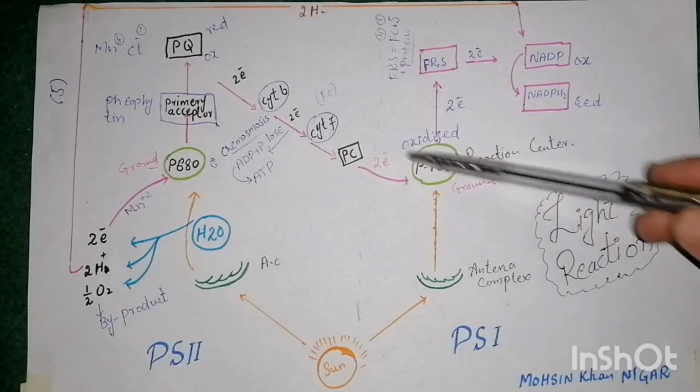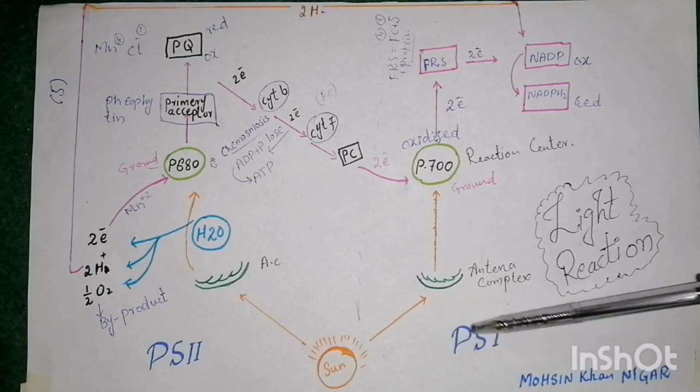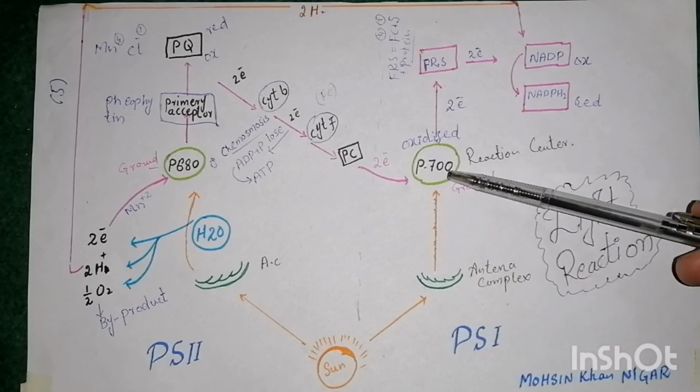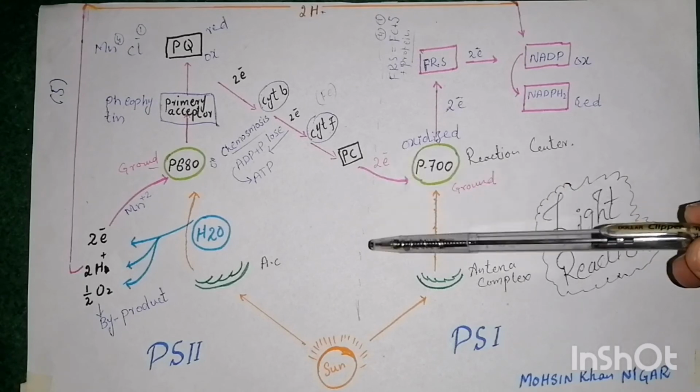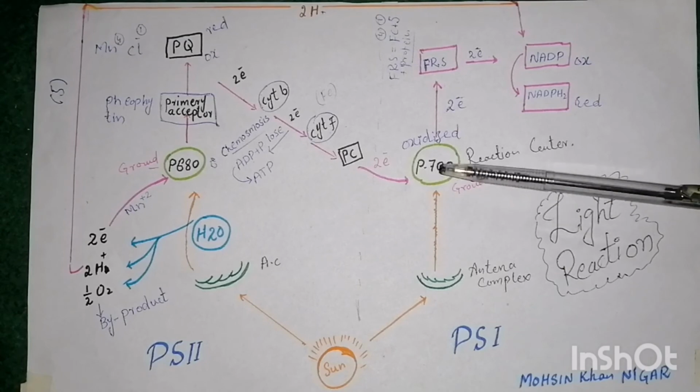The electron of PS2 comes and fills the hole made after the sun strikes PS1.